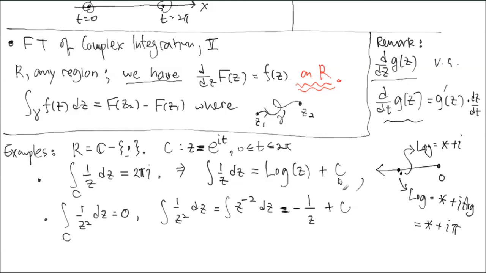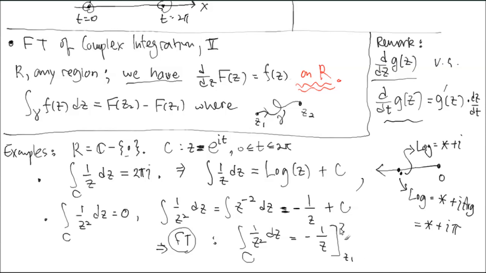It does not have this weird branch cut. So this theorem is applied, correct? So what is it? Therefore, by the fundamental theorem of complex integration, this integral of 1 over z squared dz over that contour, circle C, is what? Negative 1 over z, evaluated where and where?